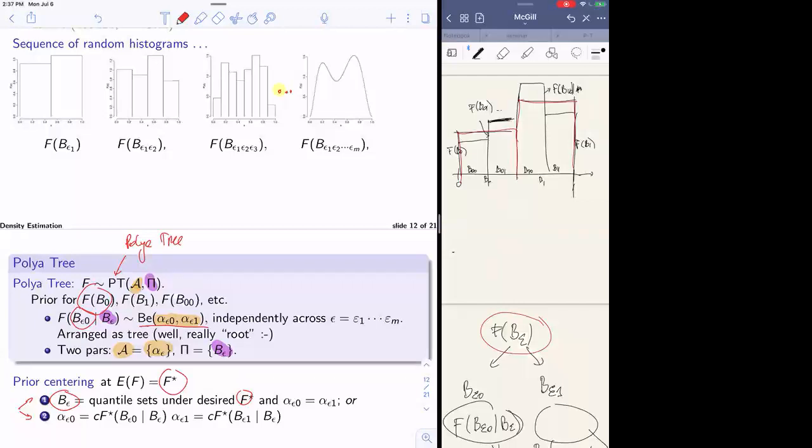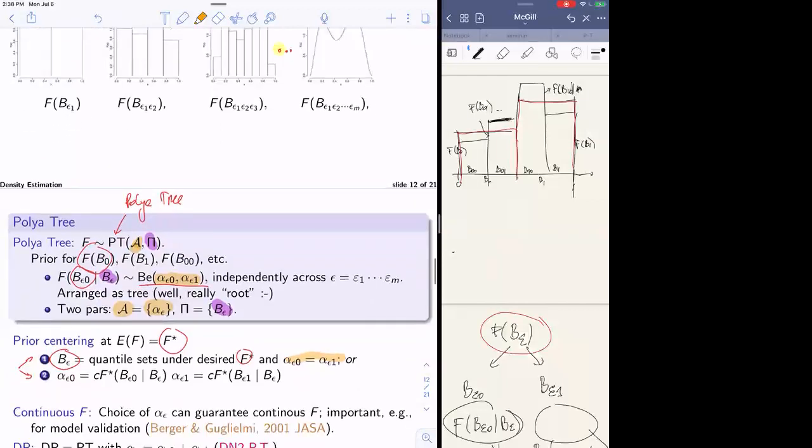For B null null and B null 1, we split at the first quartile, the median, and the third quartile, and so on, right? So if we use dyadic quantile sets under the desired base measure, and if we choose the orange parameters to be symmetric beta distributions, then you achieve the prior mean to be exactly the desired F star.